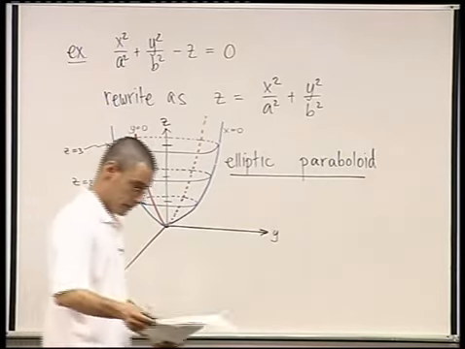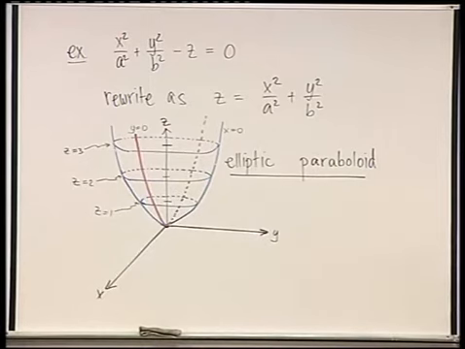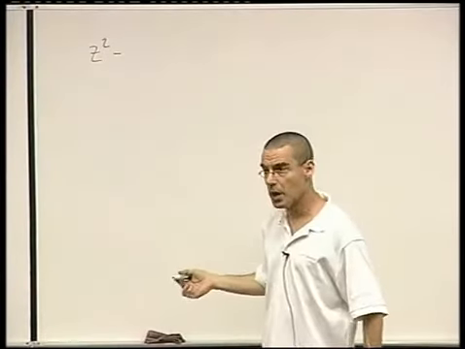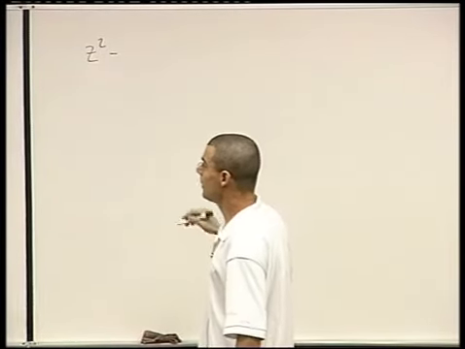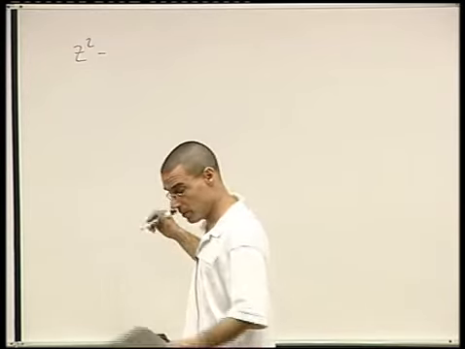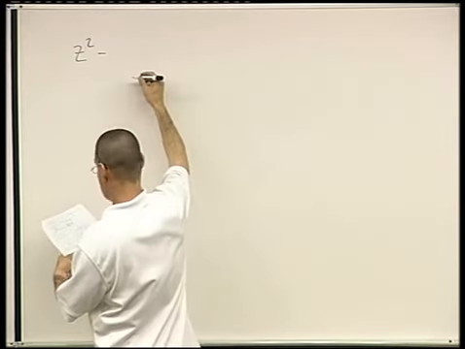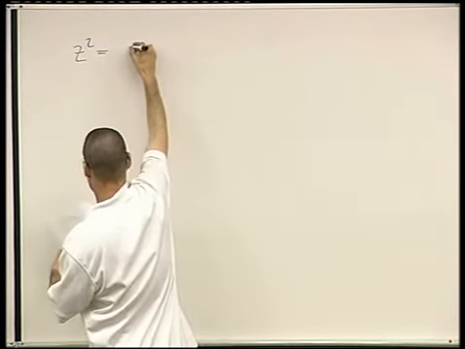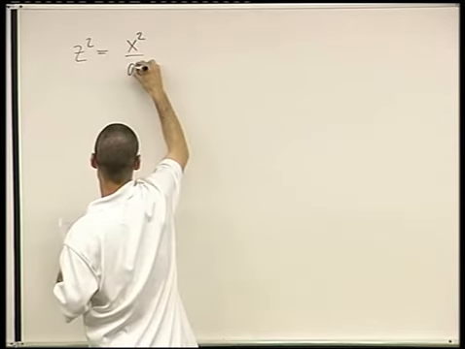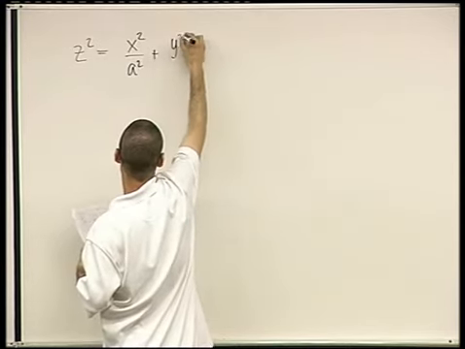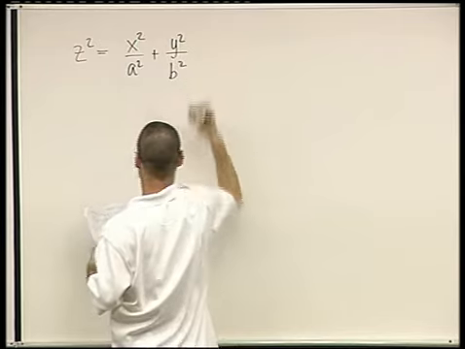These get kind of nice. I like them. So this was the first example. Let's look at, I'm going to write it right away, not as f of x, y, z equals 0, but rather as an equation. Let's look at z squared equals x squared over a squared plus y squared over b squared.